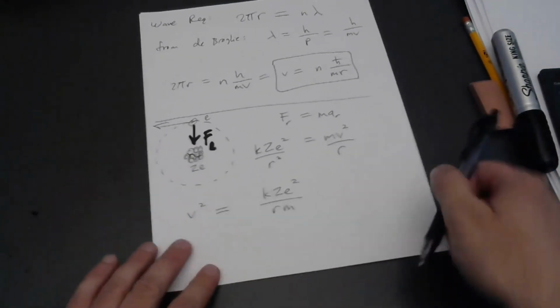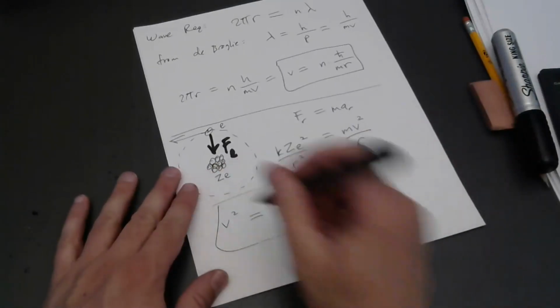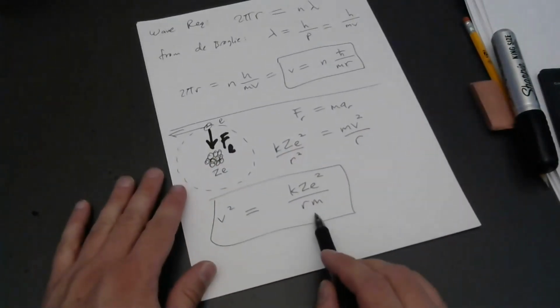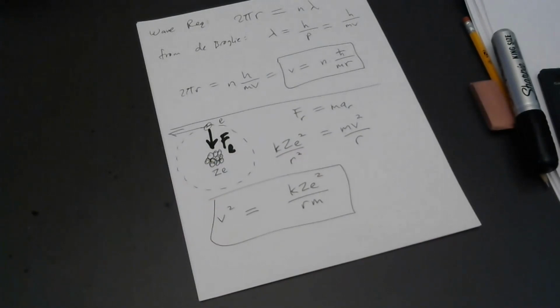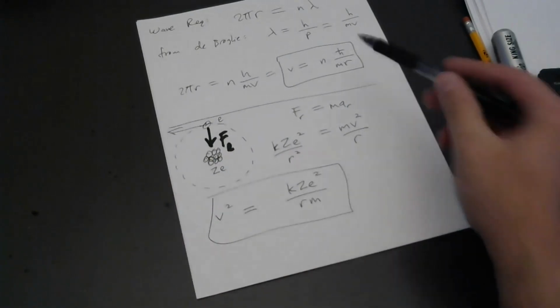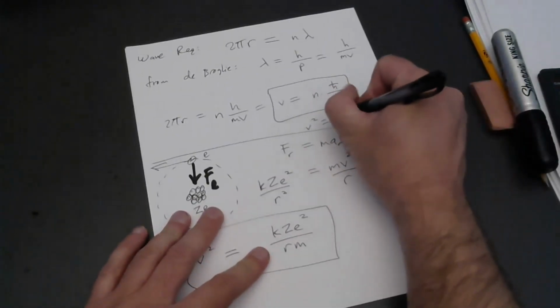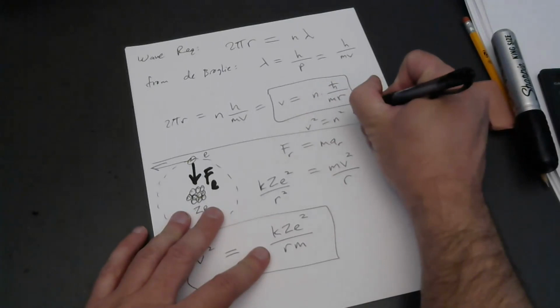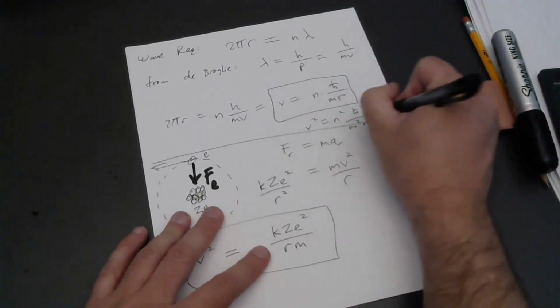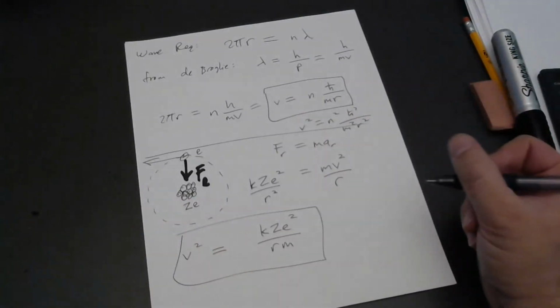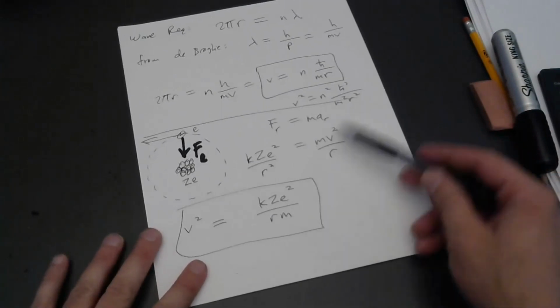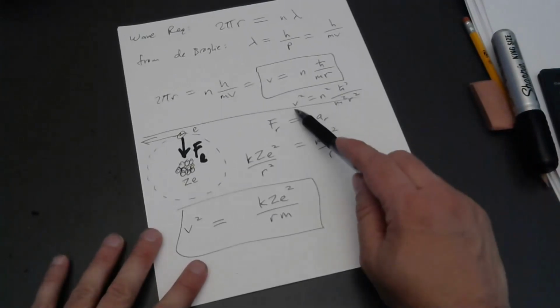Okay, we've got two conditions now on how speed and radius relate. You can't just pick any old radius and have any old corresponding speed. Both of these must be satisfied. So if I square this equation, I get v squared equals n squared h bar squared over m squared r squared. And that's two simultaneous restrictions on the value of v squared.